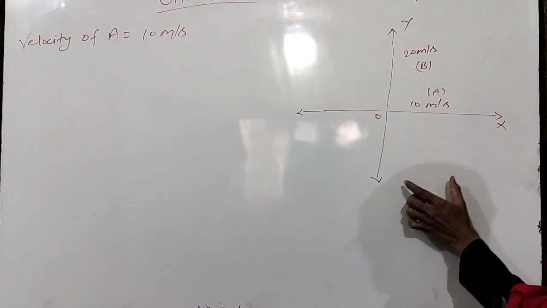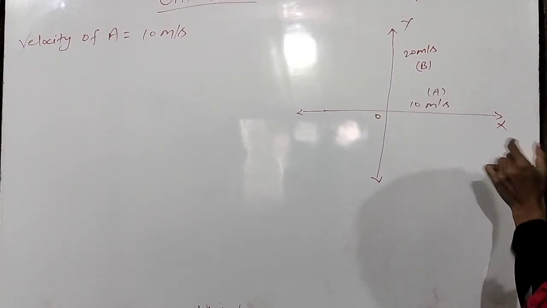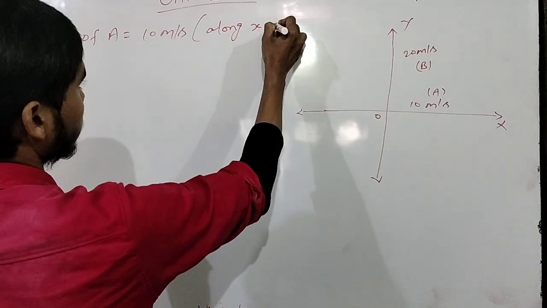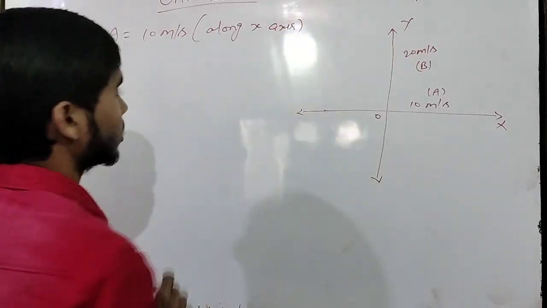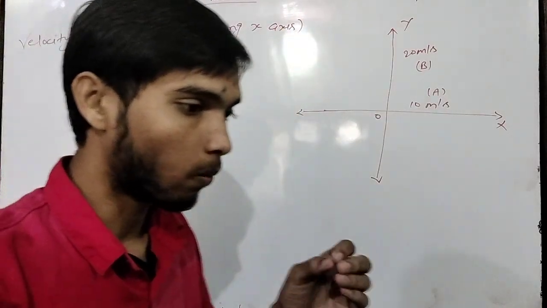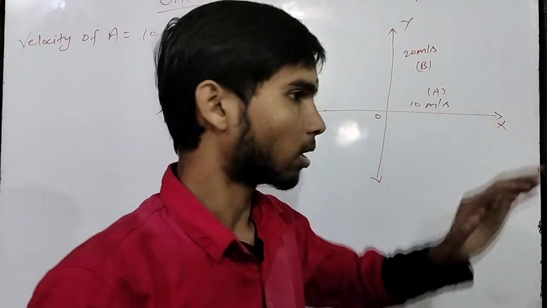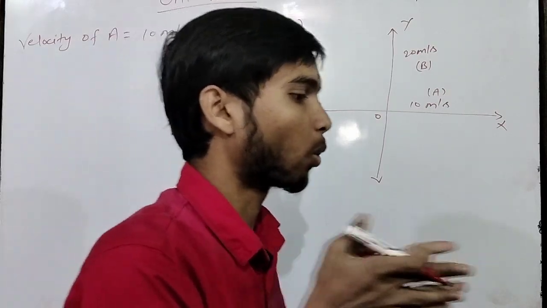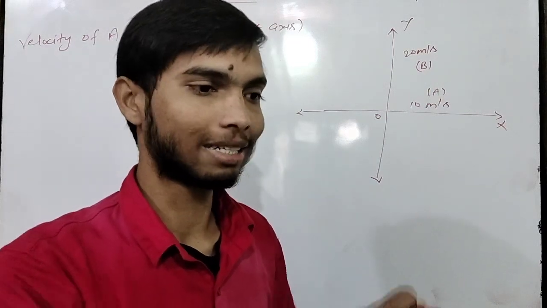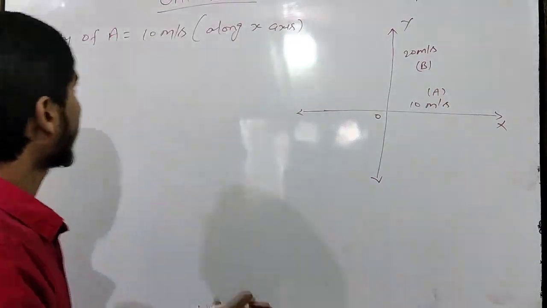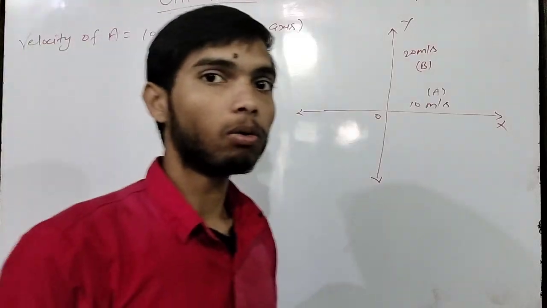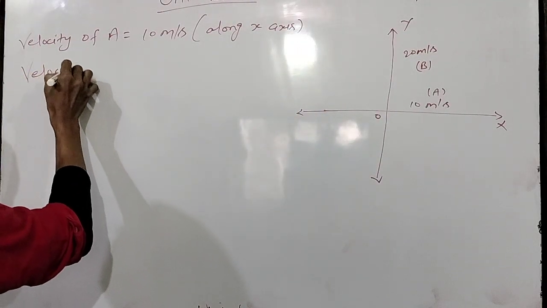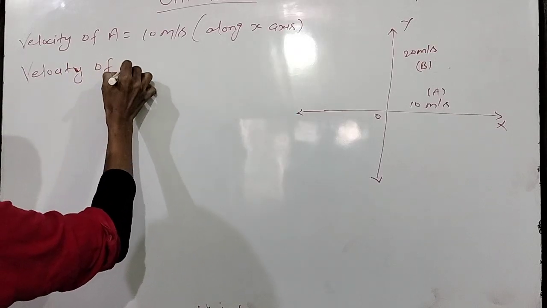In this diagram, we can say this person is moving along x-axis. Anybody will be able to interpret that yes, this is moving along x-axis with this much speed, and it is covering some distance. Now we have one more person, which is B. Velocity of B person.